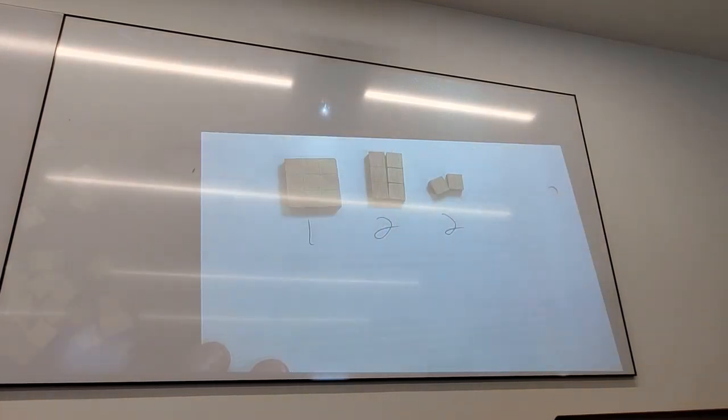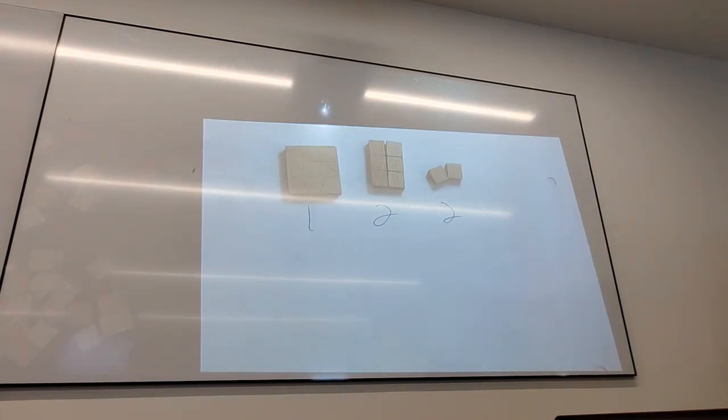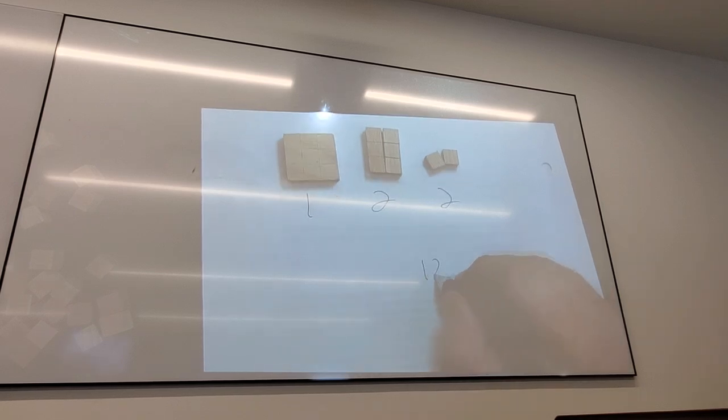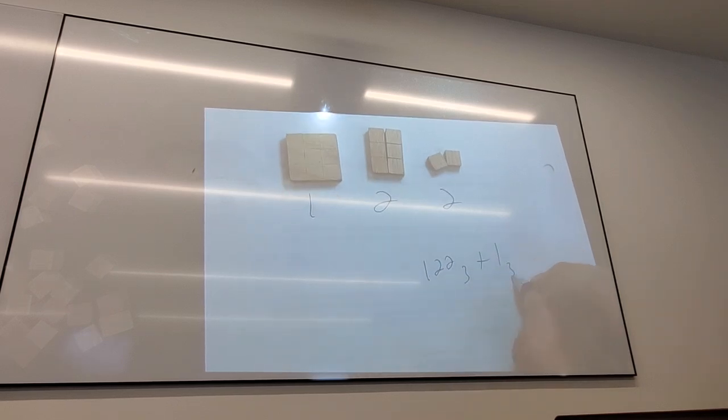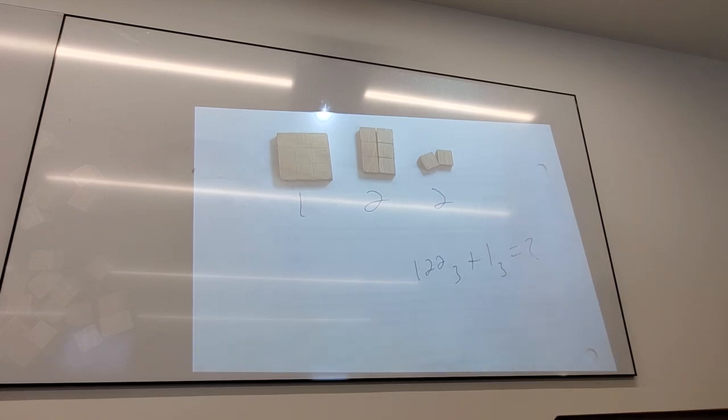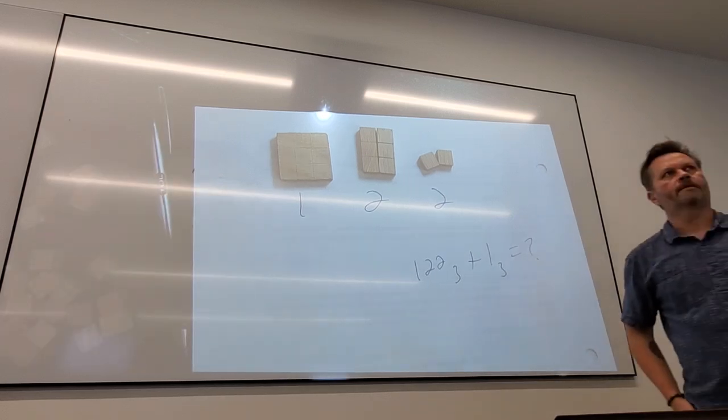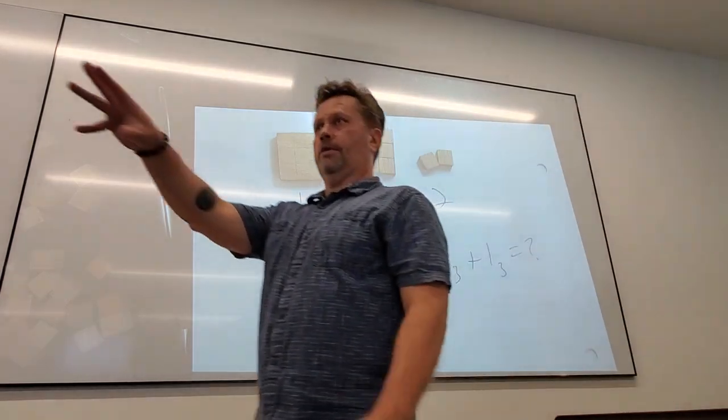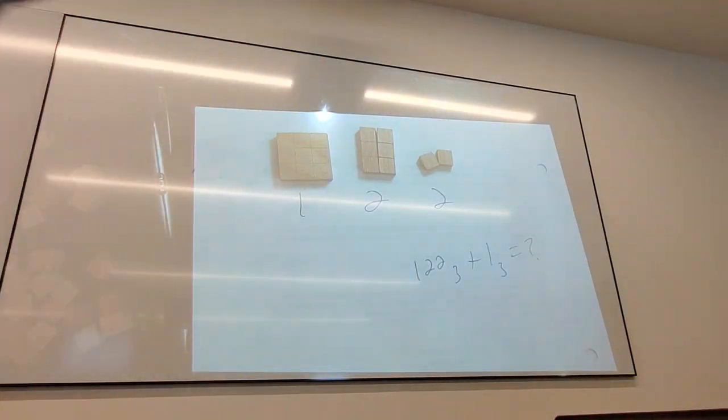Stay with me. I'm going to go one step further. I am curious what 122 base 3 plus 1 base 3 is. And you're all like, well, then you figure it out, man. So, you've got 122 there, yes? I'm curious what you get when you add 1 to it.